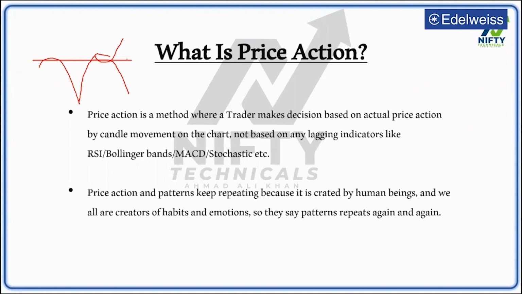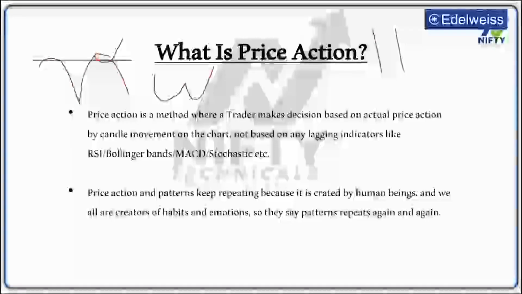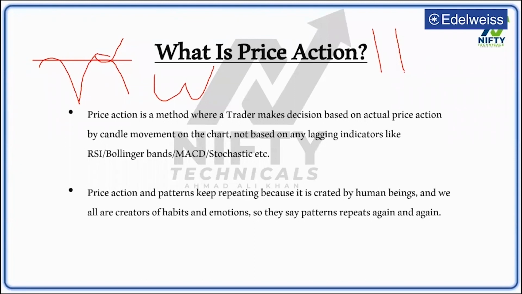But most of the time, if the price has moved up from a certain level, there is a high probability it will move up from that level again. If the price has fallen from a level, and the same scenarios as earlier are present, the price might fall again. So always remember, since humans are trading in this market and humans are creators of habits and emotions, these price action patterns would most of the time try to repeat again and again. This should be in your mind.